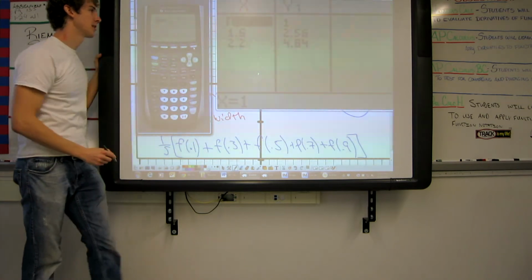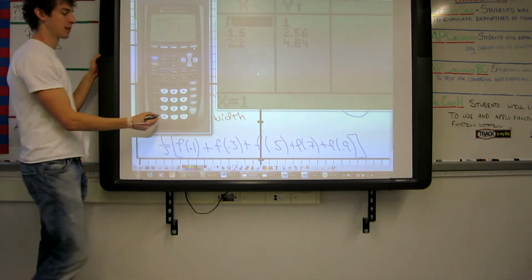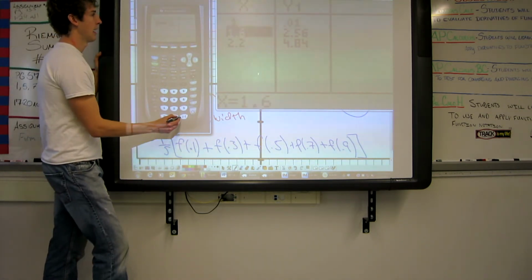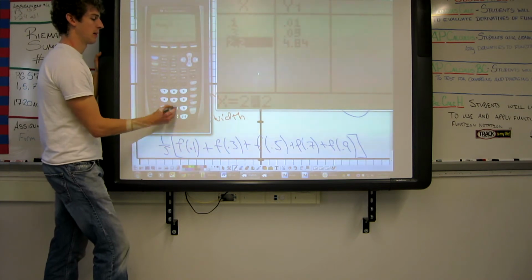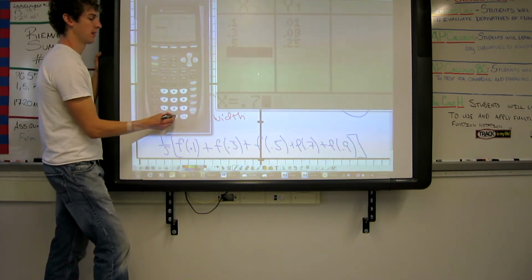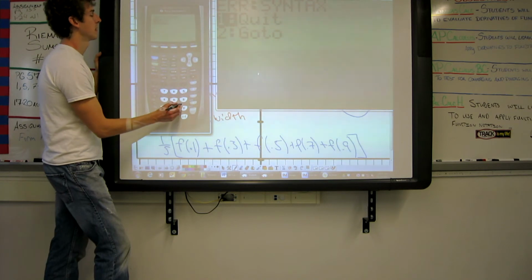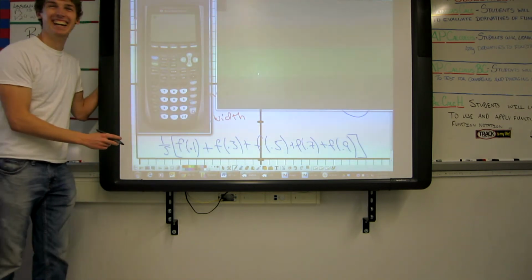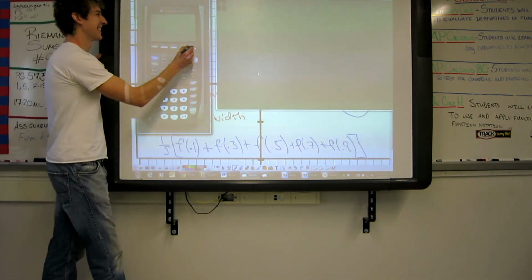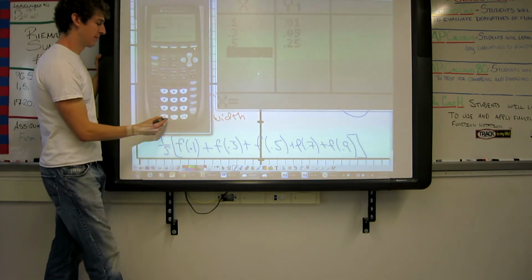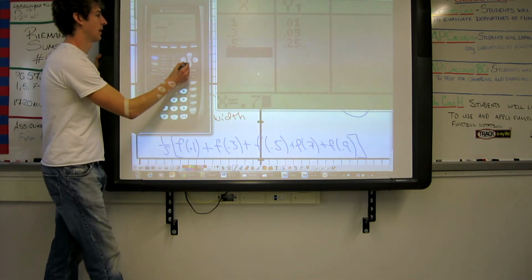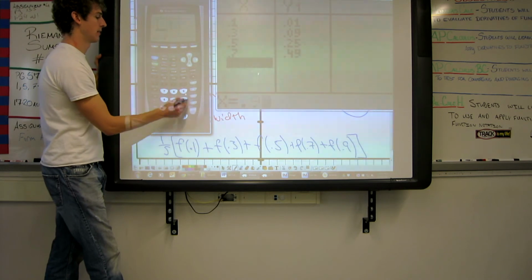And now I'm going to put in the things I want. I wanted 0.1, 0.3, 0.5, 0.7, and 0.9. Second table. 0.1, 0.3, 0.5, 0.7, enter, and 0.9, enter.